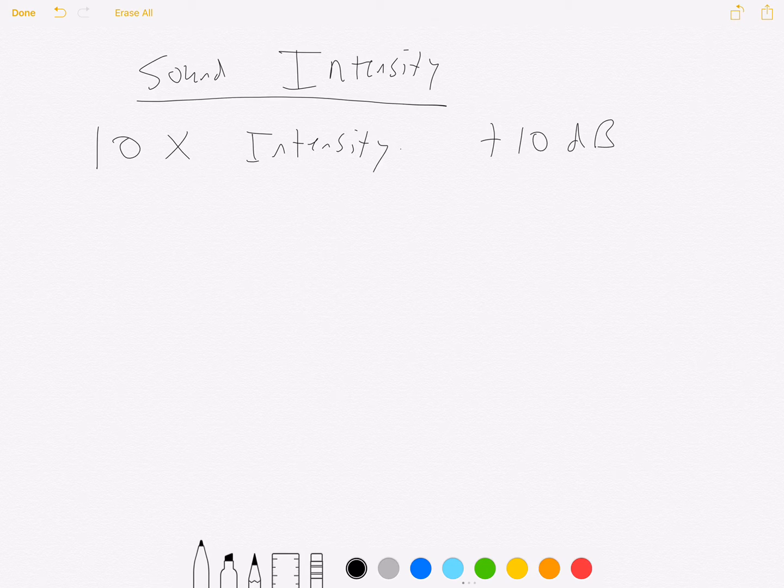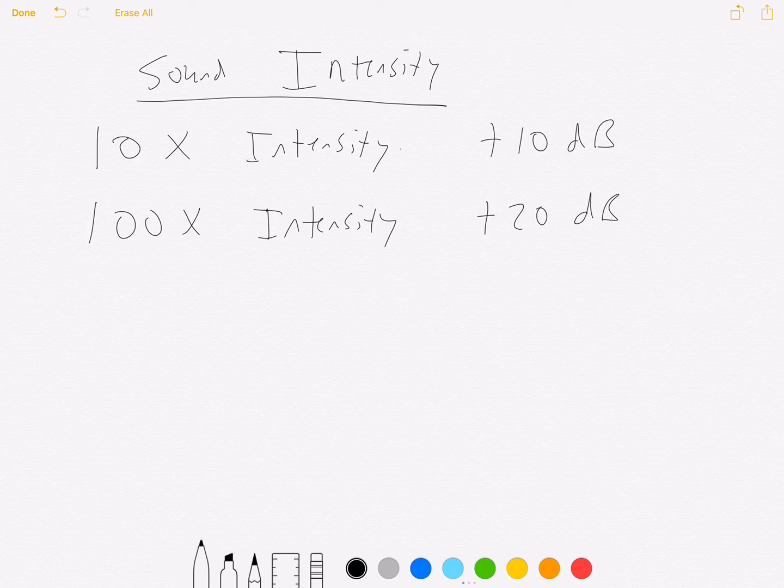So every time you have 10 times the intensity, you get plus 10 decibels, right? And if we add 100 times the intensity, that gives us plus 20 decibels.